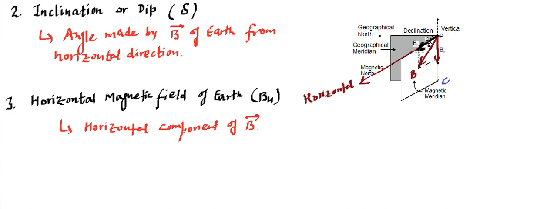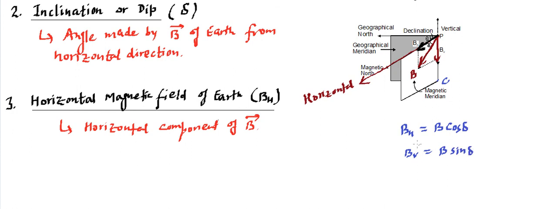Now, since this is B, this is BH, this is BV, we can have a relation between them because these are the components. So can we make some relations like this? BH, the horizontal component of magnetic field, is going to be B into cos del. And the vertical component of magnetic field of the Earth is going to be total magnetic field into sine del.